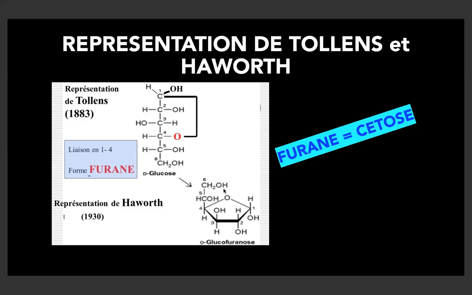So for now, the only difference that we are going to say between the Tollens and the Fischer representations is that the Tollens does not show which carbon is asymmetric. If a carbon atom is asymmetric, you are going to have to put stars here.